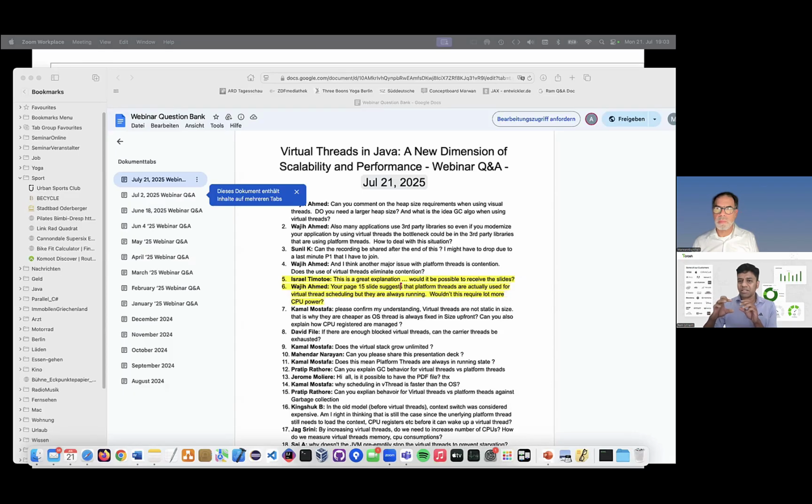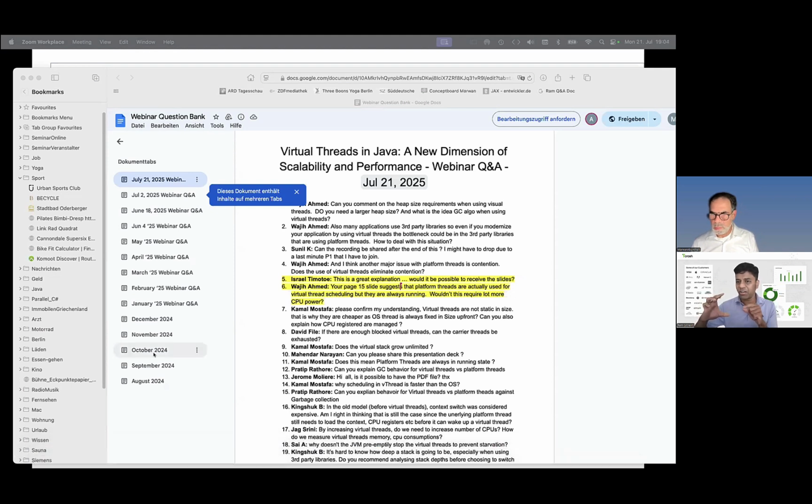So his question is, in the platform thread world, it will occupy 1 MB, even though the need is only 250 kilobytes. Whereas the virtual thread will only occupy 250 kilobytes. It will not occupy the entire allocated 1 MB size.